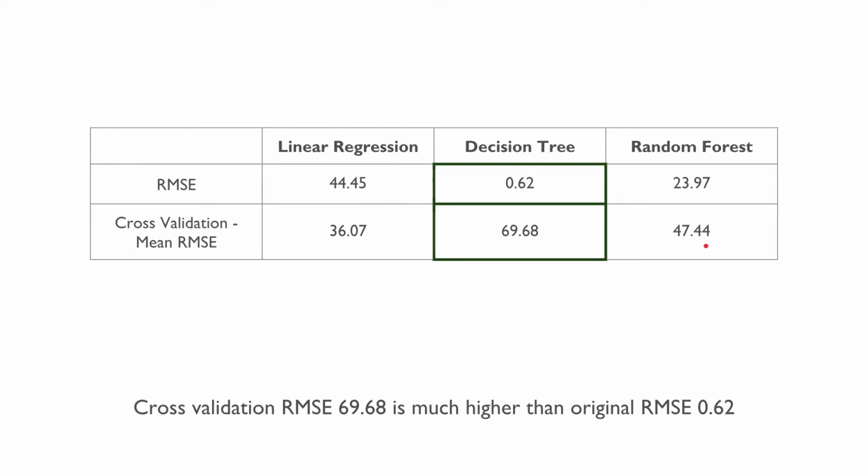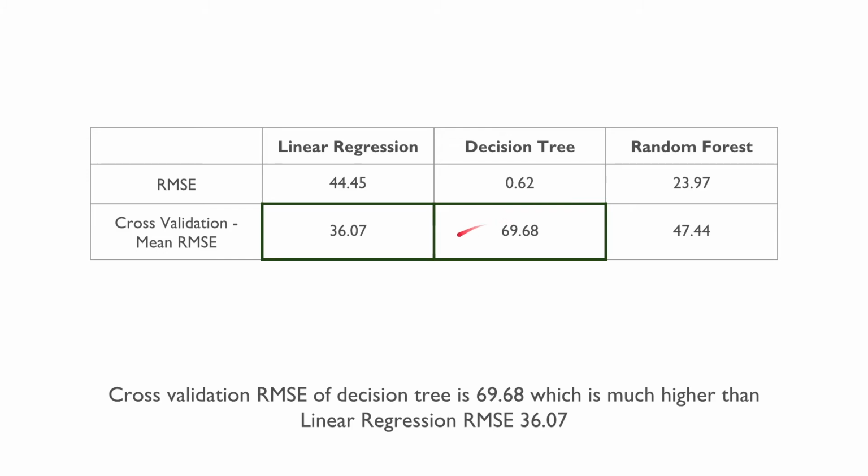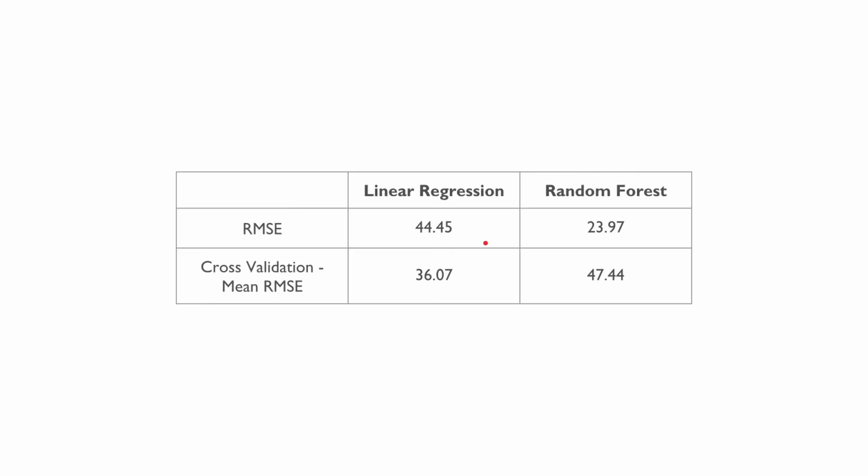Here, we can see that the model generated by the decision tree algorithm is overfitting, as mean RMSE of 10-fold cross-validation is much higher than the RMSE on the training set. In fact, the decision tree model performed worse than the linear regression. Let's discard the decision tree algorithm.